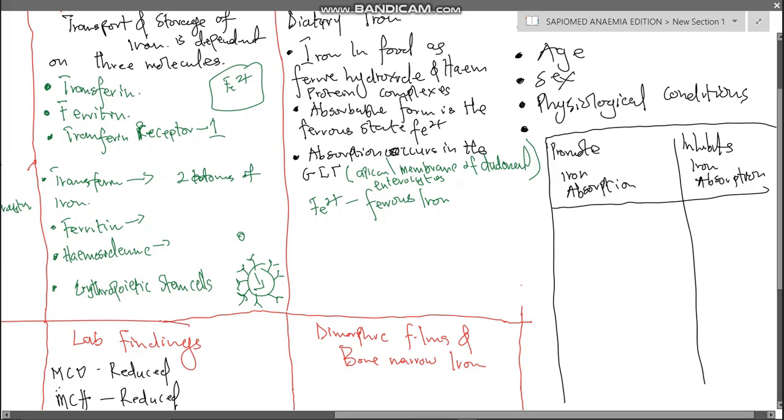Okay. So we have heme iron, ferrous form, acids. So we can talk about ascorbic acid. That is why it's very good for you to take vitamin C, especially when you have malabsorption of what? Iron. Then we have solubilizing agents.